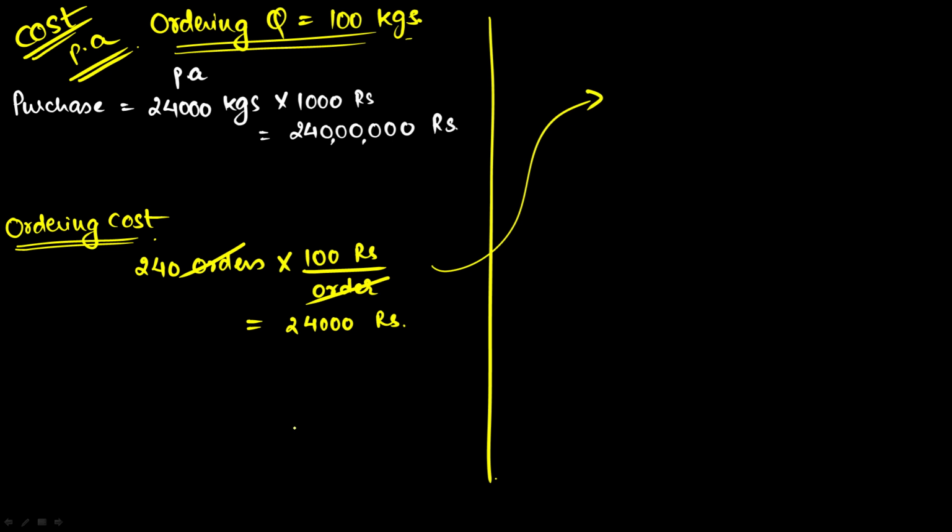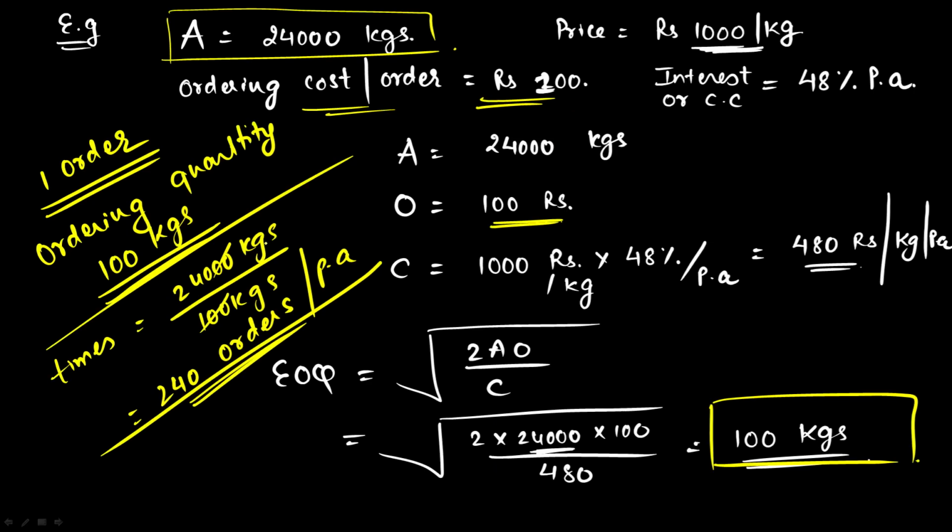How did I find out 240? 24,000 divided by 100 kgs. I want a total of 24,000 in a year. I am ordering every time 100 kgs, so I will have to order 240 times.